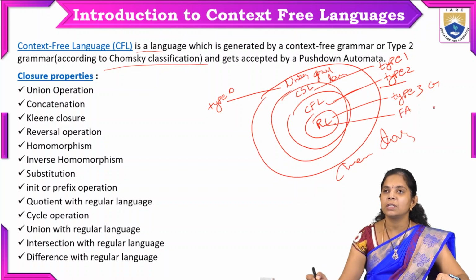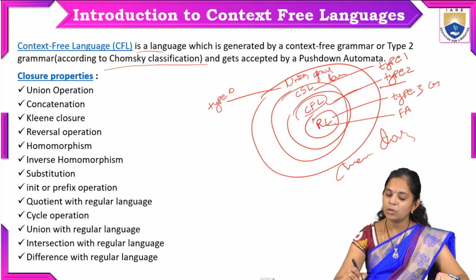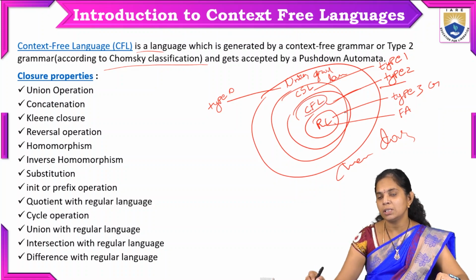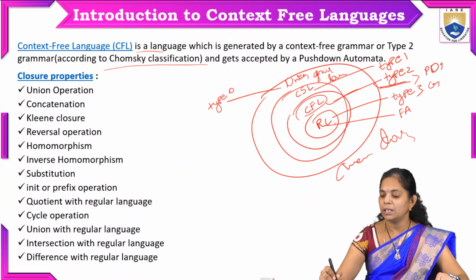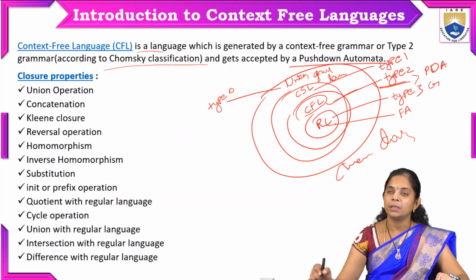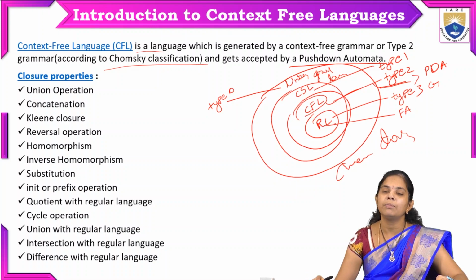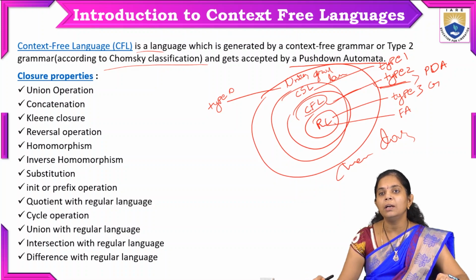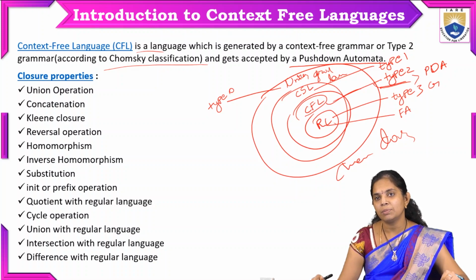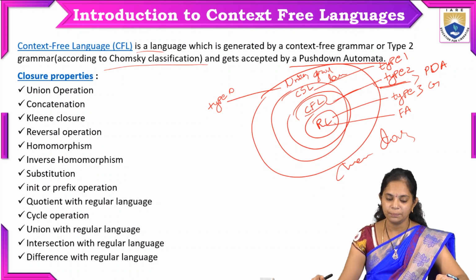Coming to the context-free language, it is accepted by the pushdown automata, PDA. So the context-free language is generated by the type 2 grammar, and it is also accepted by the pushdown automata.